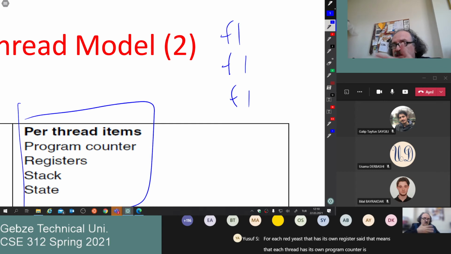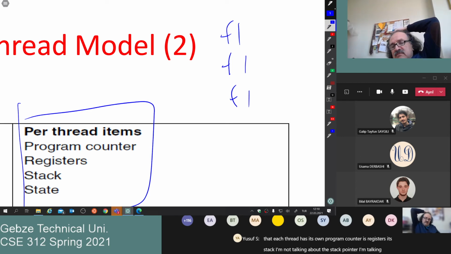It's like recursion, right? Recursion calls the same function over and over again, but each time when you call the same function, it has its own stack record, its own activation record. So each one is using a different memory.